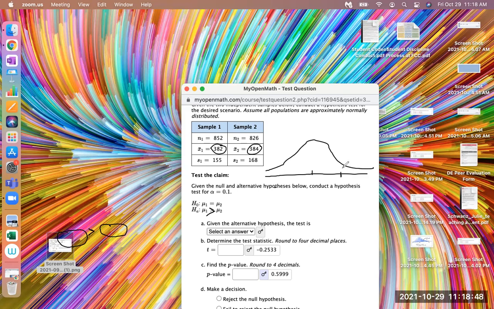Your picture would look more like this. But in our situation, the value is actually right here, this negative 0.25, and our p-value is actually this. Maybe that makes sense why it's larger than 0.5.